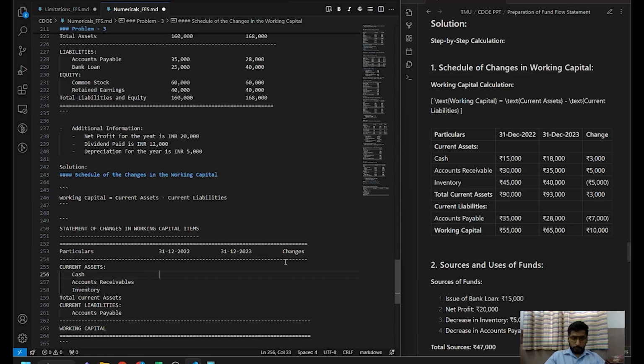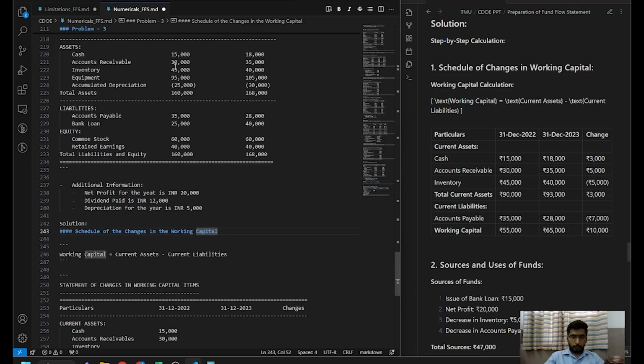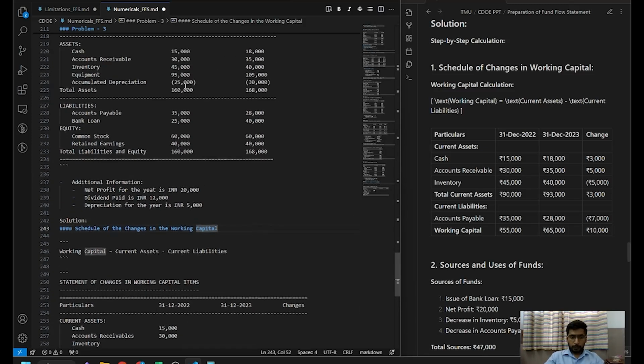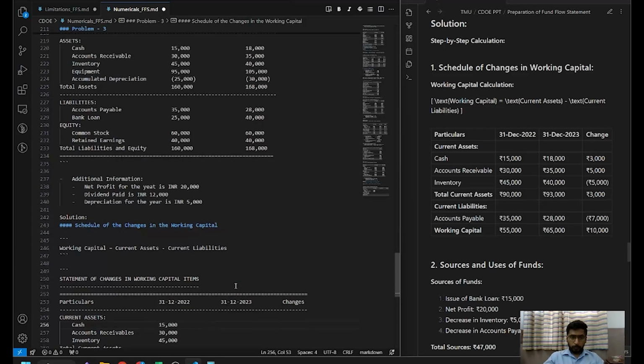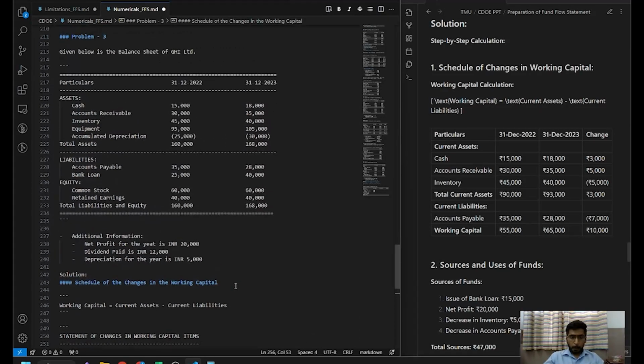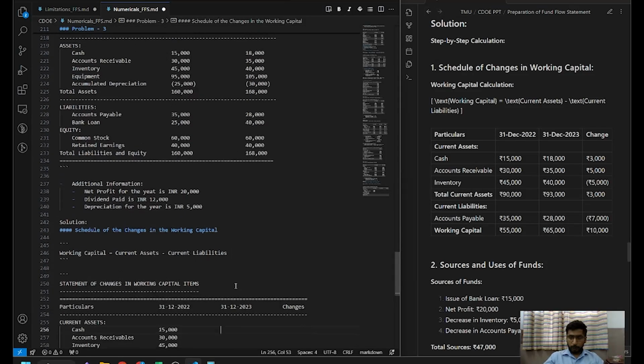Now, total cash is 15,000. Accounts receivable 30,000. We can see this from the balance sheet. Total inventory is 45,000. Similarly, for the year 2023, it is 18, 35, and 40.